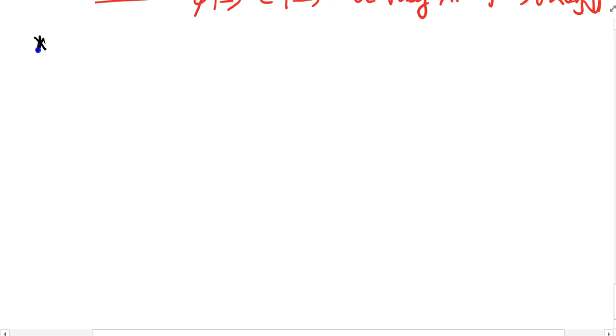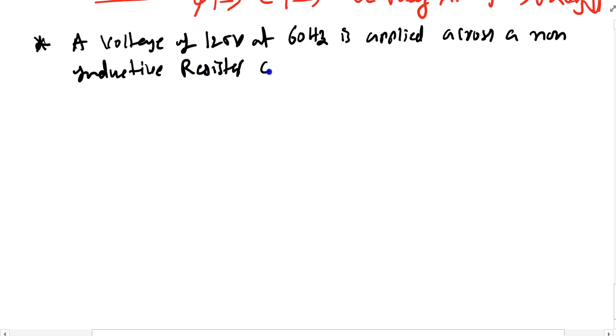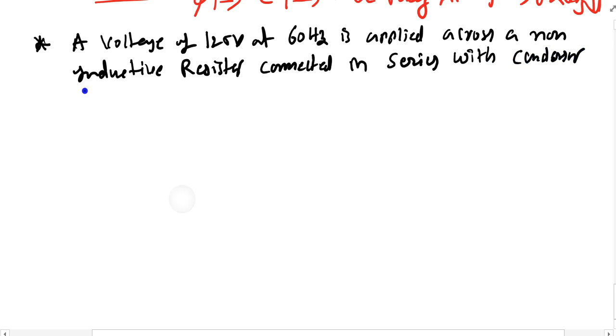Take the numerical here. A voltage of 125 volts at 60 hertz is applied across a non-inductive resistor connected in series with a condenser.